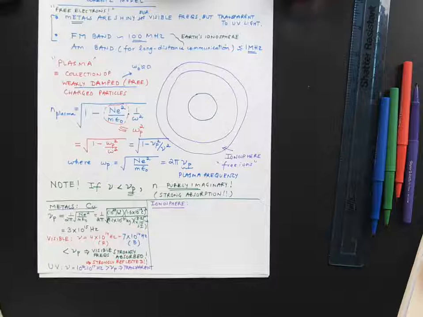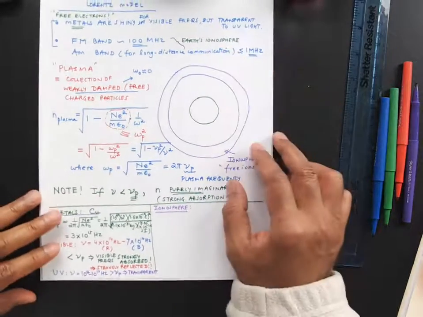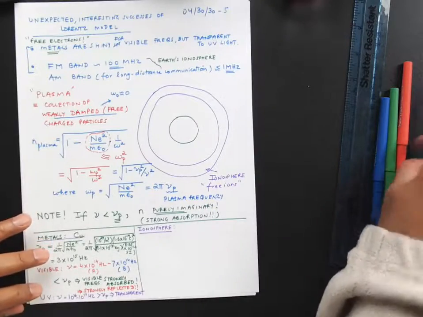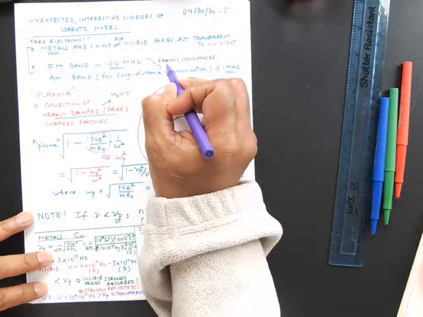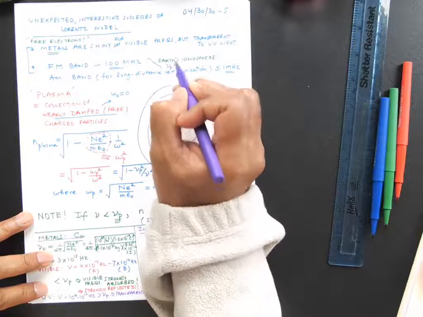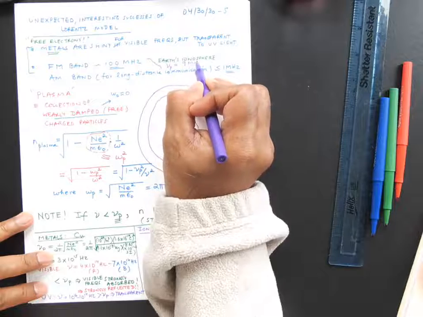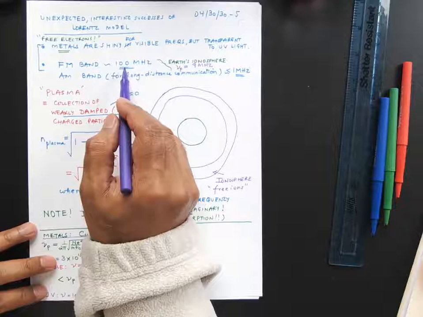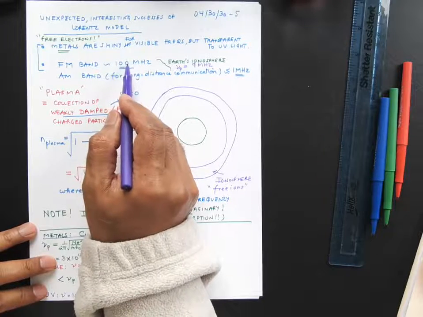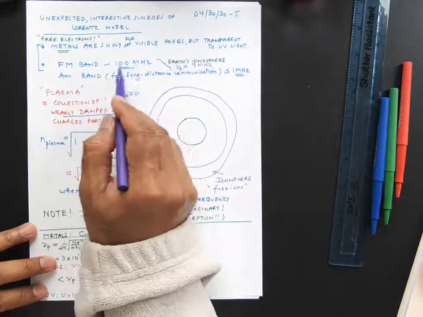To give you a sneak preview, we will learn about the AM/FM. I can just tell you very quickly that the plasma frequency for the Earth's ionosphere works out to 9 megahertz. So you can see the FM band is comfortably above it, and that means the ionosphere is transparent to the FM band.